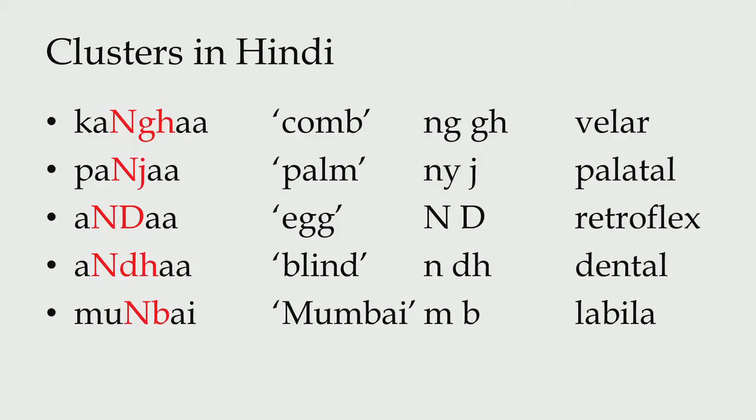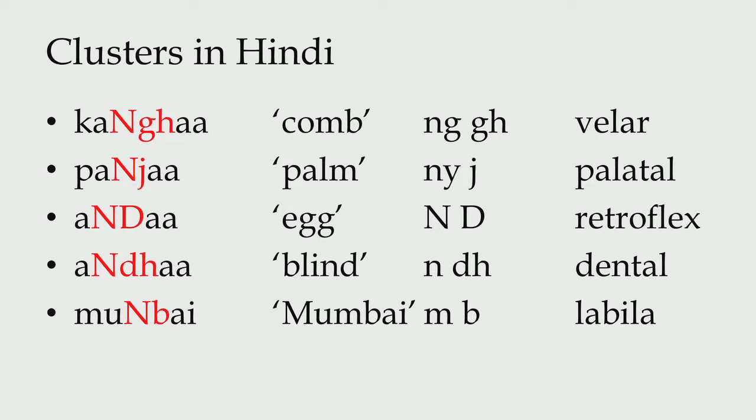If you look at the 3rd column, you see in the first word, Kangha, the nasal is a velar nasal ng, because the consonant that follows the velar nasal is a velar consonant gh. And because the second member of the cluster is a velar, it takes a velar nasal as a nasal member of its cluster.